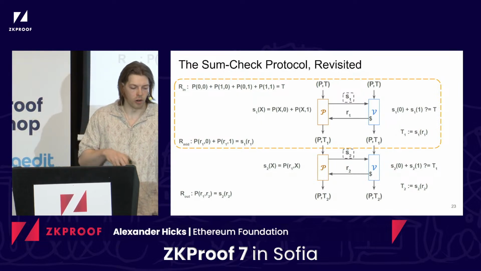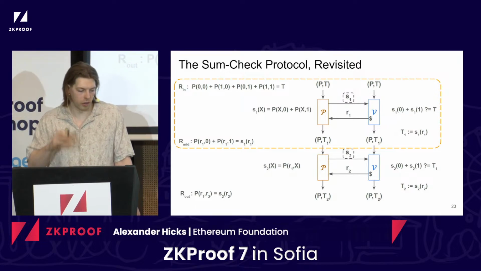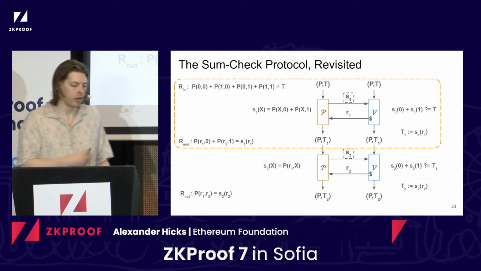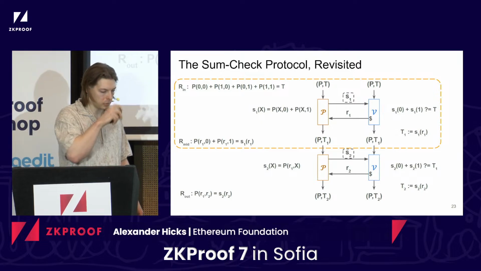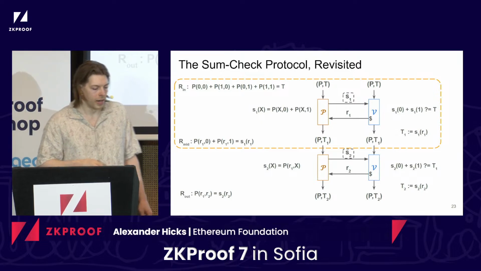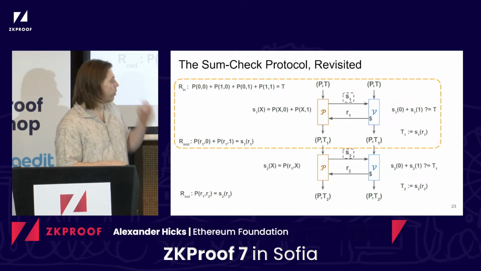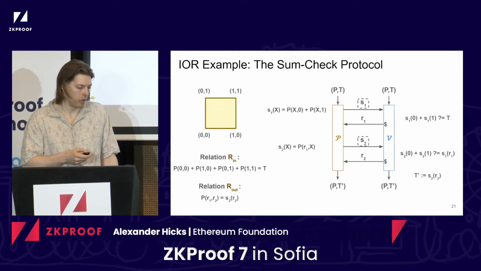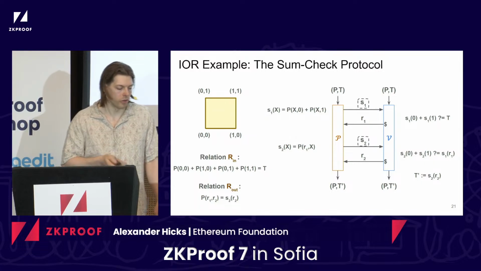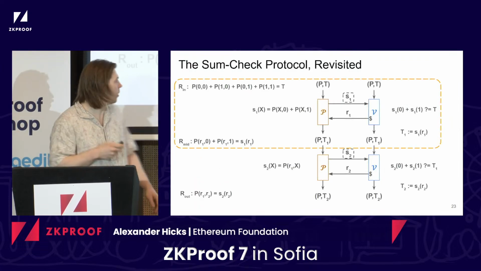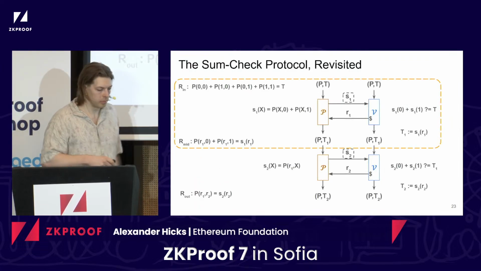So back to our sum-check protocol diagram here. If we just zoom in on the first round of the prover sending S1, and the verifier sending back a random challenge R1, you start with your polynomial. You fix one of the variables, so you get this polynomial S1 here. And compared to what I had earlier, what I've done here is just introduce this middle relation.